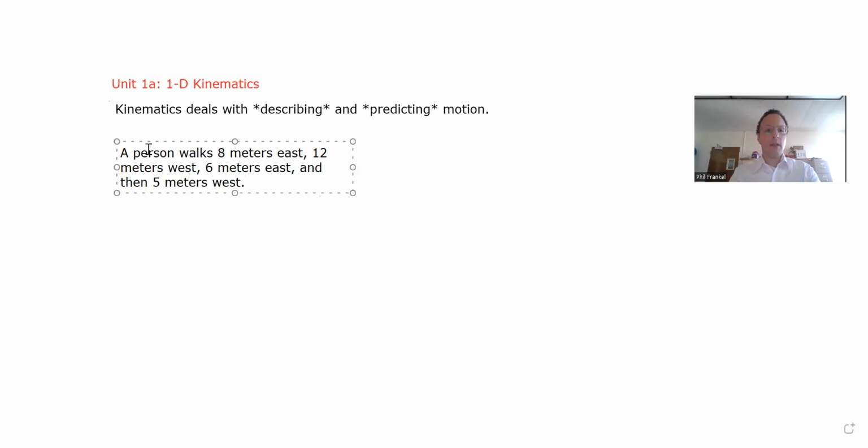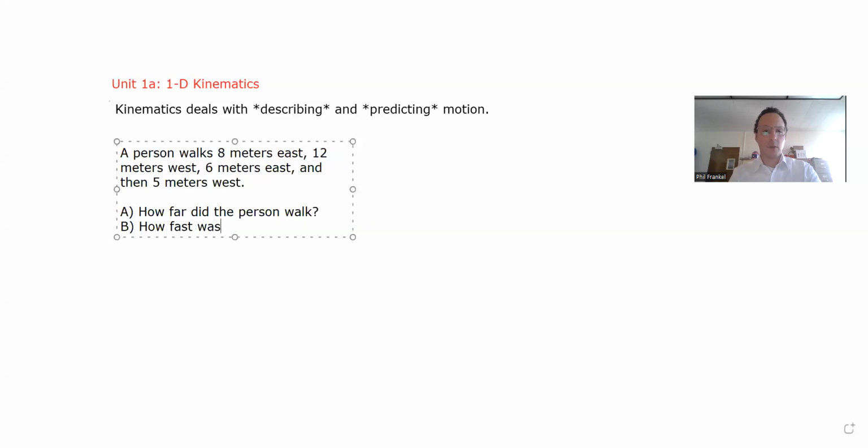Okay. And then we can ask a couple of questions. So the first question, I'll say this is A, is how far did the person walk? And then part B, we can ask how fast was the person moving?